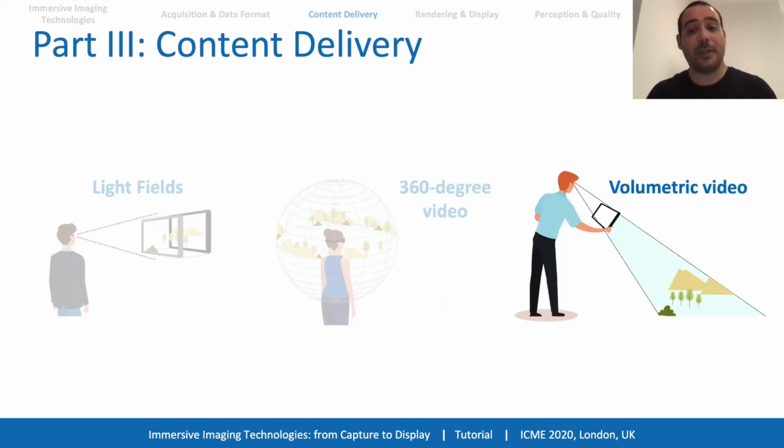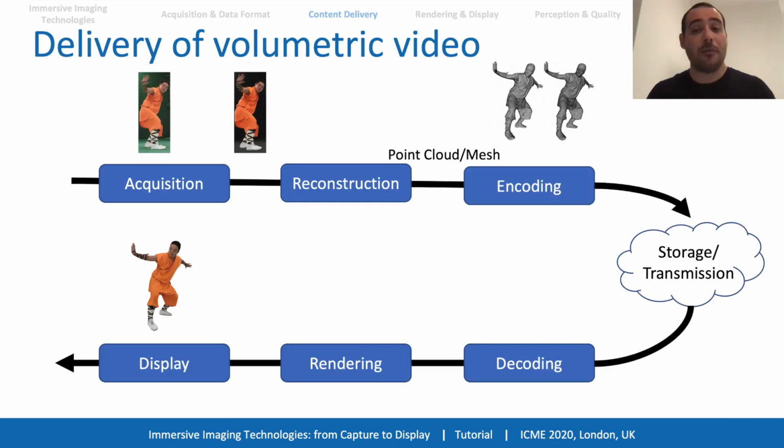Now the last topic is volumetric video. After acquisition and reconstruction, we need to have a volumetric video representation to deliver to users. Common representations for volumetric video are polygon meshes or point clouds.